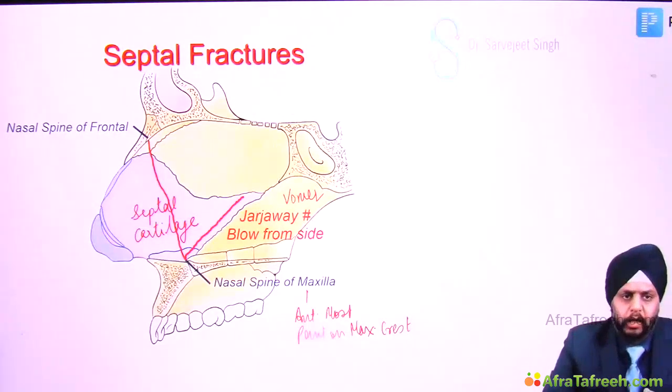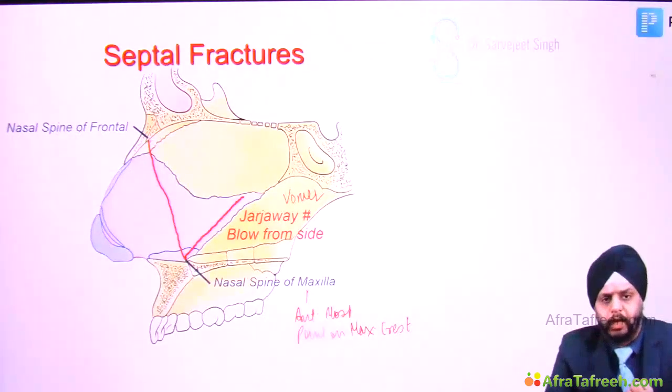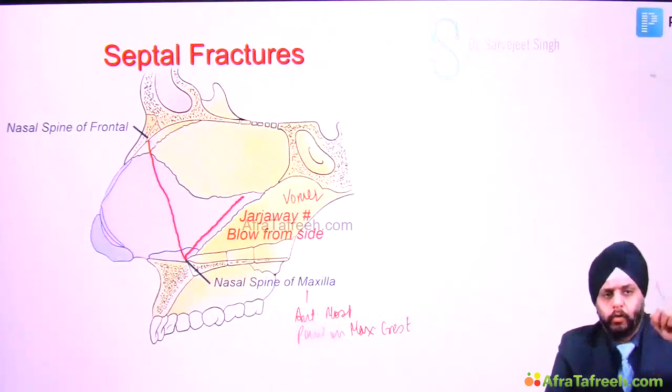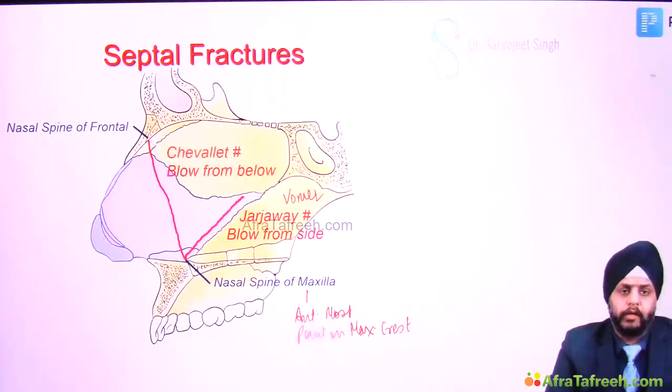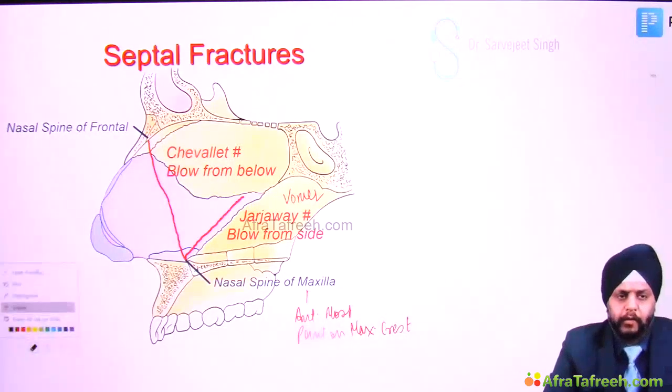And from here you can see that this fracture line goes up to the nasal spine of frontal bone, okay? So starting from the nasal spine of maxilla, it goes to the nasal spine of frontal bone, and this fracture is known as Chevalier fracture, okay? So this is known as Chevalier fracture.